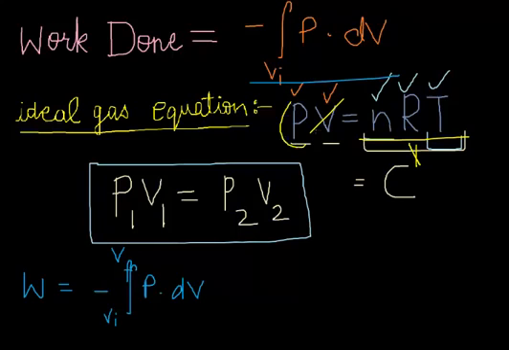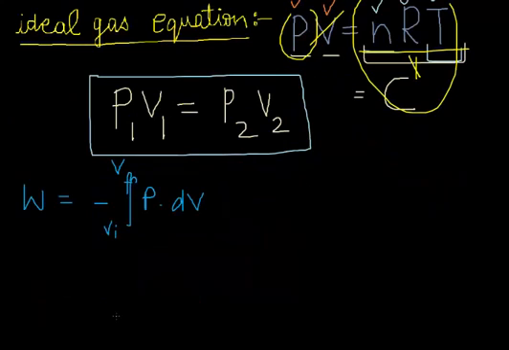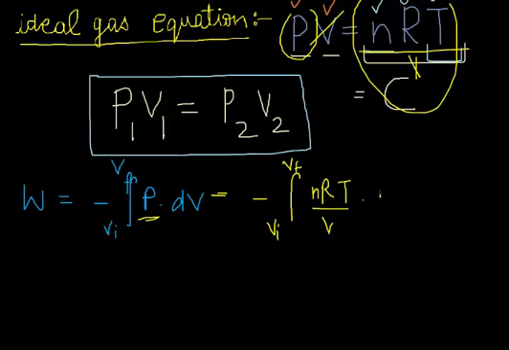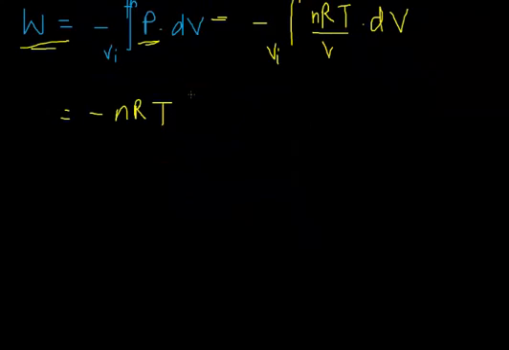So we can write P equals nRT by V. In the work done, I can replace P by nRT by V. So this becomes minus integral from V initial to V final of nRT by V into dV. As I have told you earlier, nRT is a constant, so we can take it out of the integral. So this becomes minus nRT integral from V initial to V final of dV upon V.